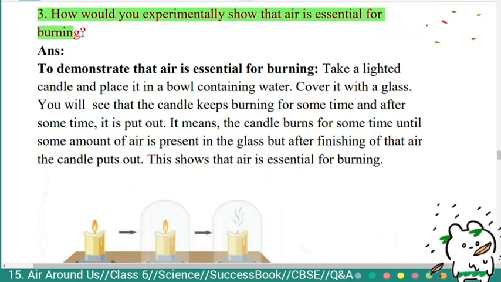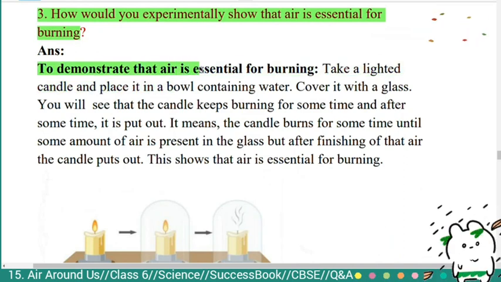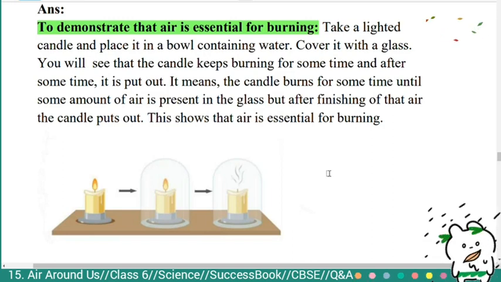Third question, how do you experimentally show that air is essential for burning? Answer, to demonstrate that air is essential for burning, take a lighted candle and place it in a bowl containing water. Cover it with a glass.